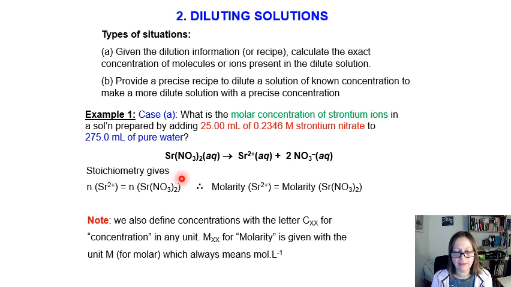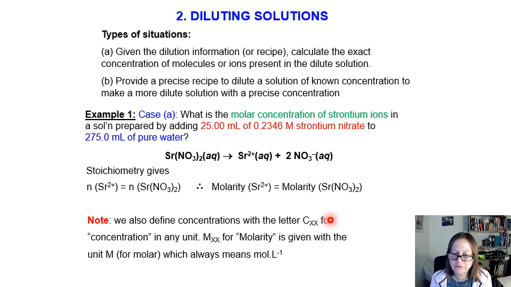You can also write it as the molarity of strontium ion is the same as the molarity of strontium nitrate, even though this is now a nominal concentration since you don't really have strontium nitrate in solution. It is fully dissociated. We need to make a side note here.